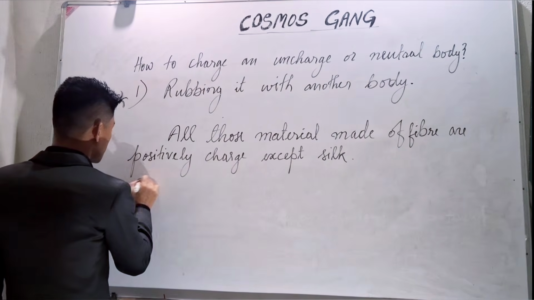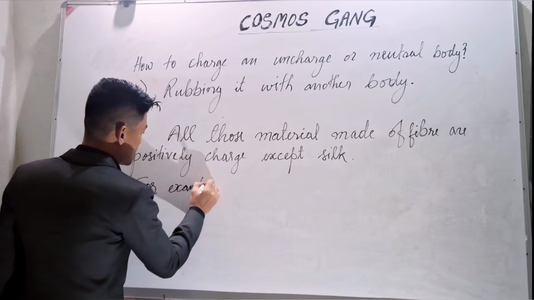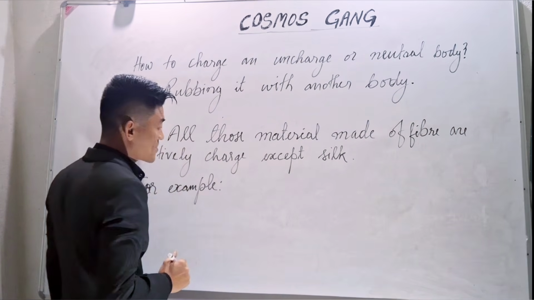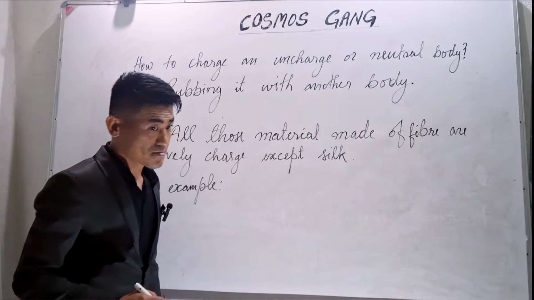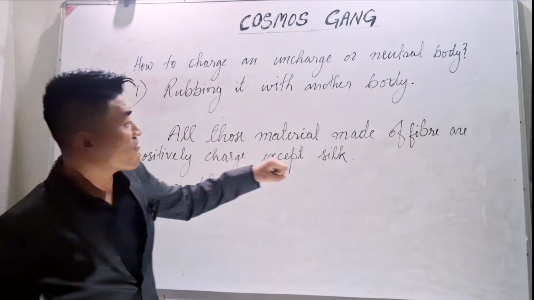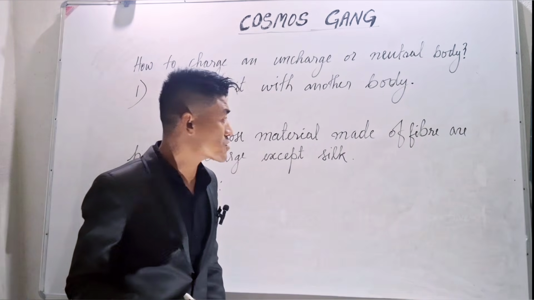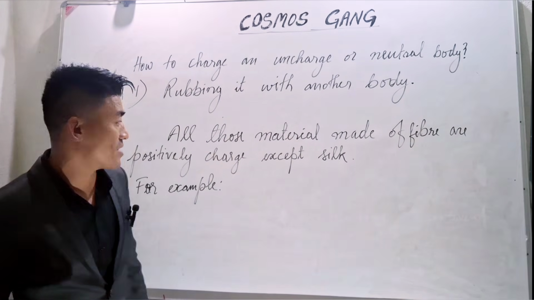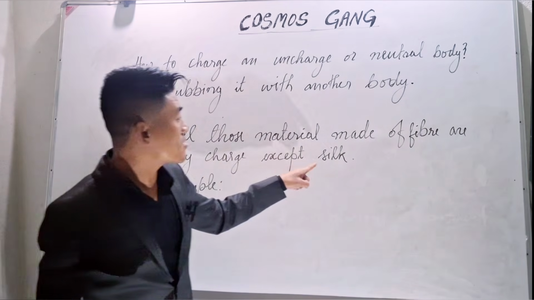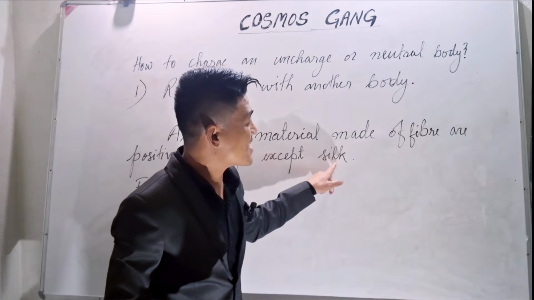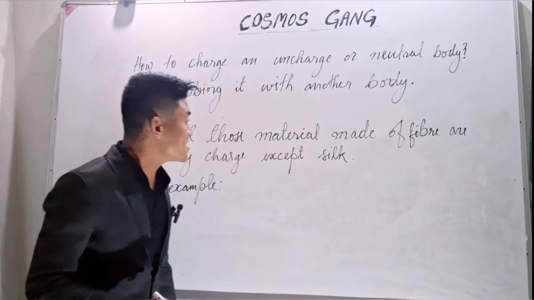For example, materials made of fiber such as wool, fur, hair, all those when rubbed with any other material will become positively charged except for silk, which is a fiber, but it is negatively charged.